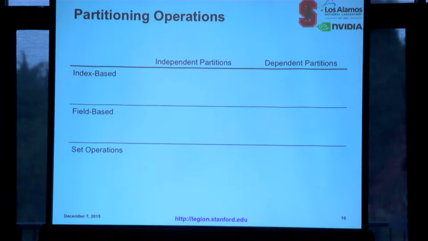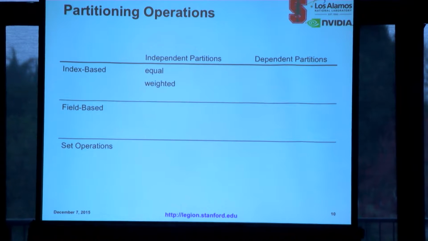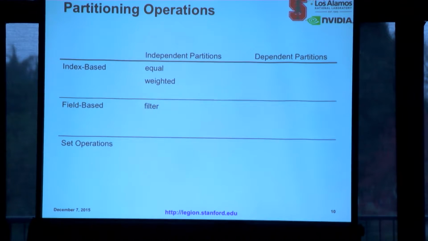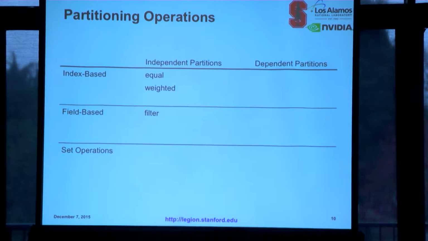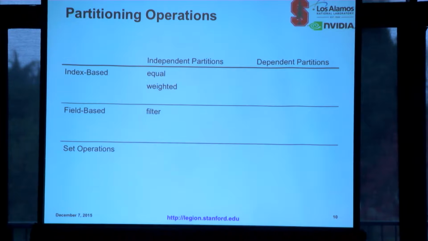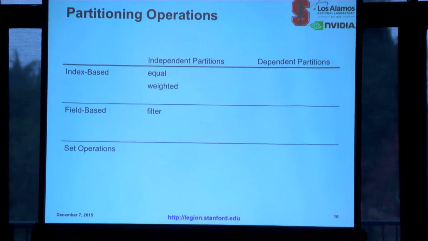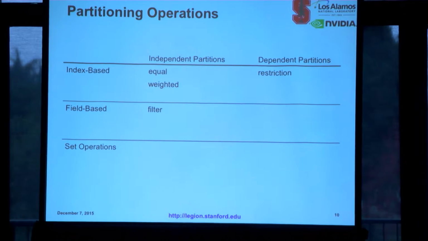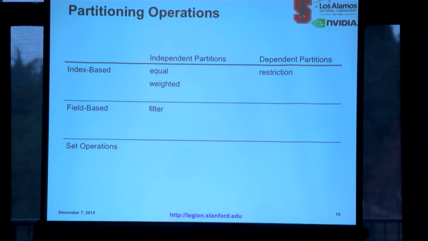In the first corner, we're going to have equal and weighted index space partitions to compute independent partitions. And then we're going to have a very important filter operation that lets us use field data to compute an independent partition. This is basically going to be our replacement for the old style partition by coloring. On the dependent side, there'll be a way to do restrictions of an index space based on the indices themselves.